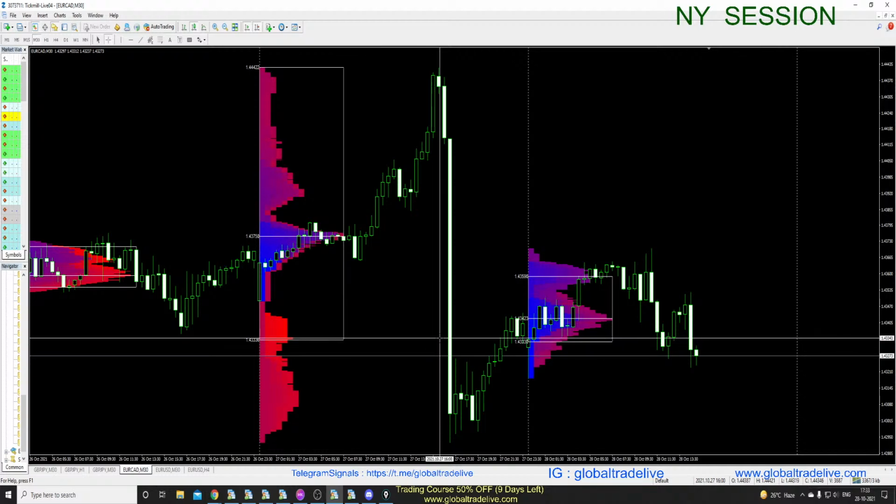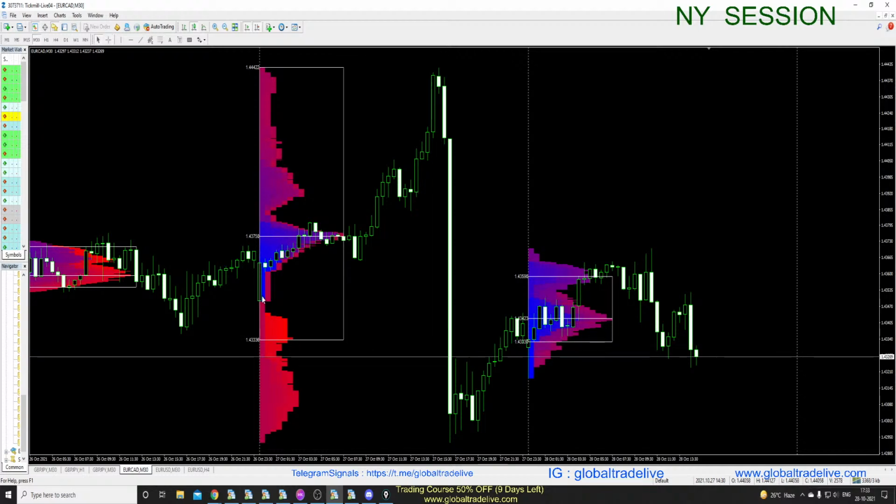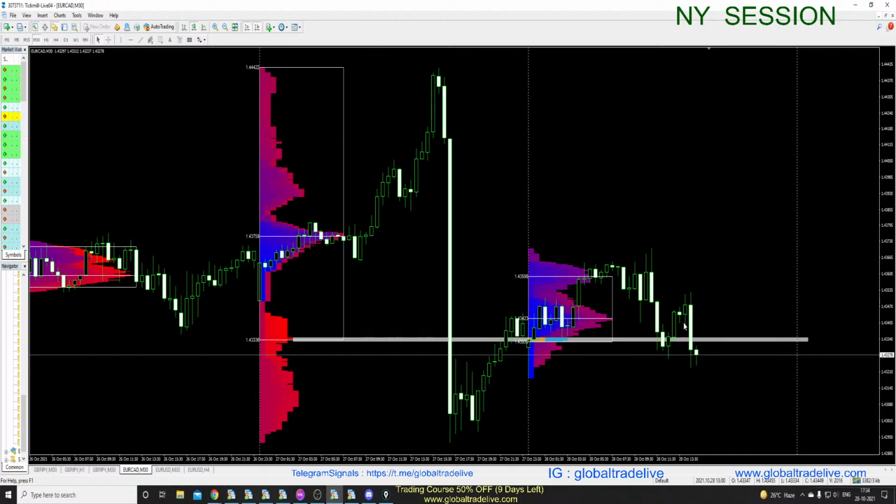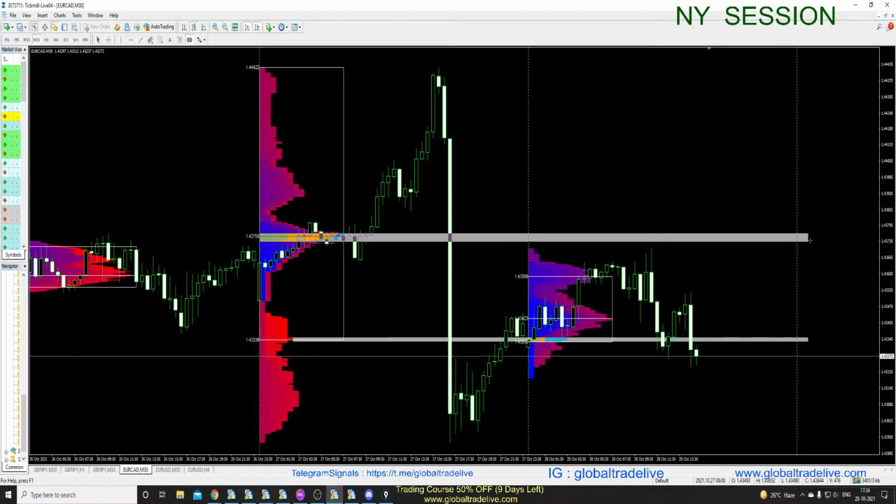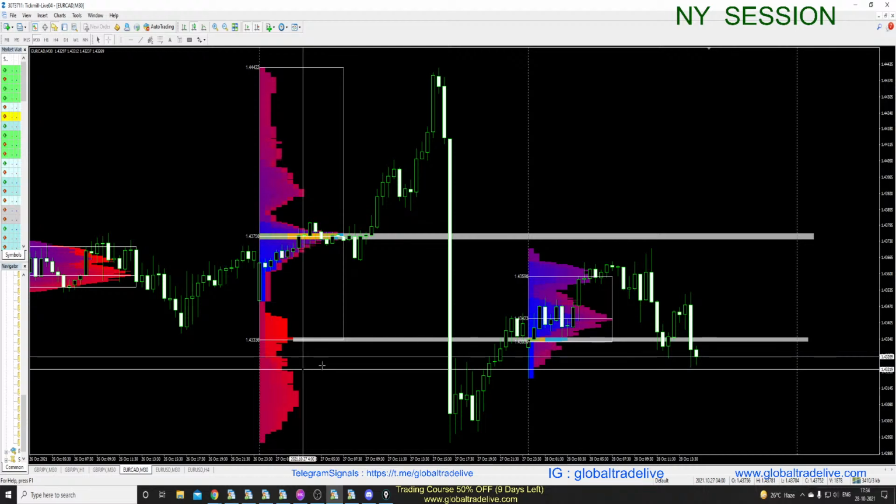So right now market is below this low volume area. Let me just mark the area. Okay, so market went down, broke the low volume area, and now it's moving down. Market today went up, rejected this area also.